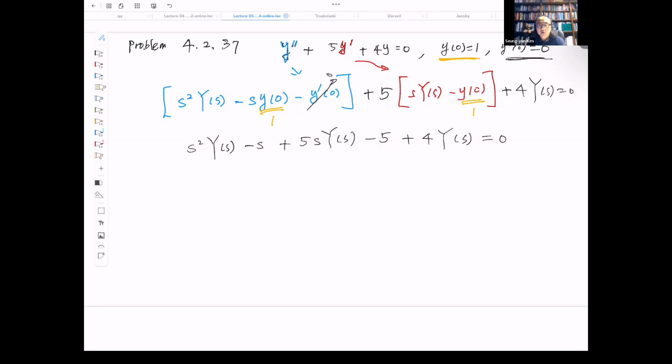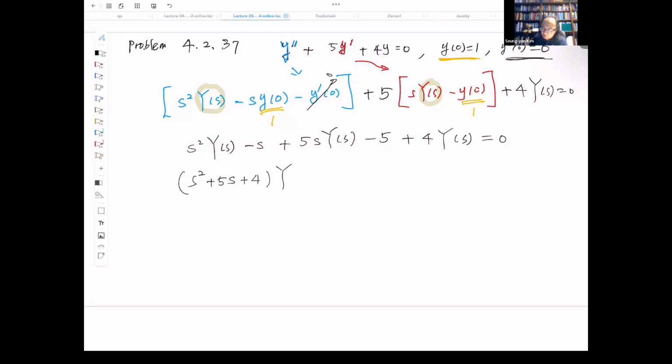Please note that y double prime has only one capital Y of s, and y prime also has only one capital Y of s. I have seen many students just multiplying this s times Y of s, but it's not. Collect capital Y of s: s squared plus 5s plus 4.